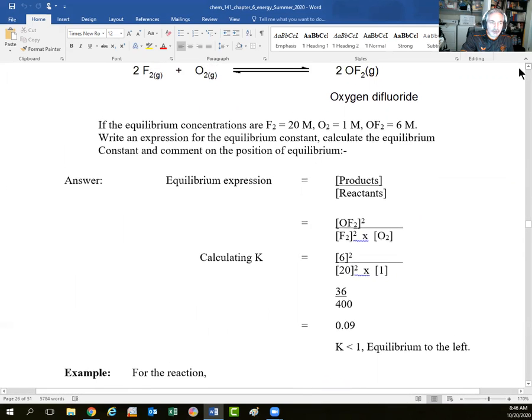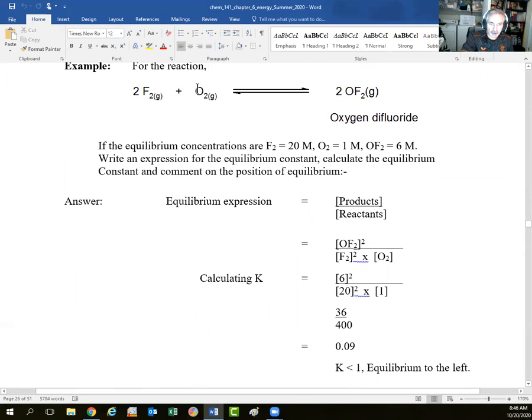So the reaction between fluorine and oxygen to produce oxygen difluoride. The product of the forward reaction is the oxygen difluoride, OF2. So that's put into our equation and it's taken to the power of 2 because there's 2 moles in the equation, divided by the reactants, the fluorine and the oxygen gas.